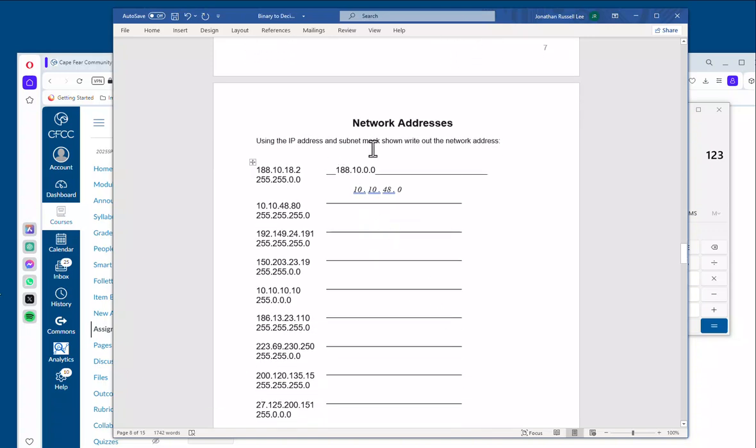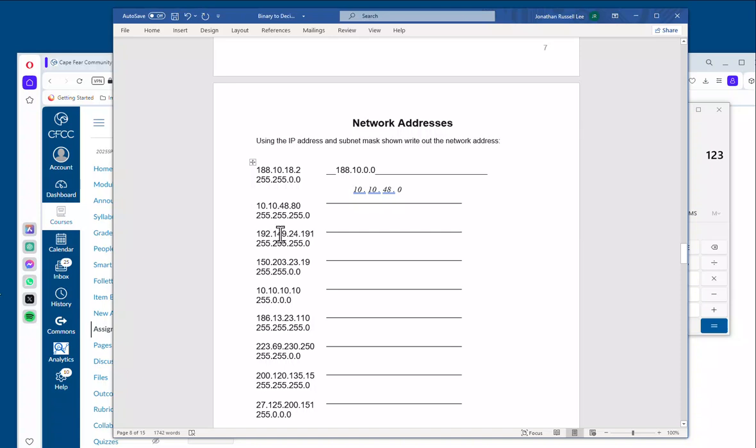Now network addressing. This is giving you the network address and the subnet. For this one, we've got 255.255.0.0. That means the first 2 octets are network addresses. So it's going to be network address .0.0, because that's how we write network addresses. These things always end in 0. Not always, but for right now they do.